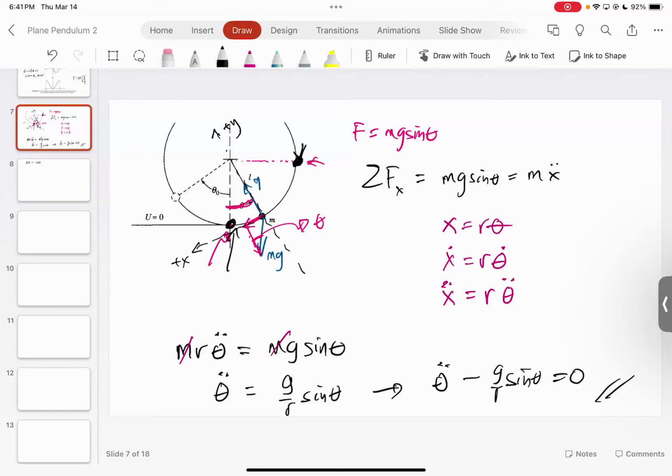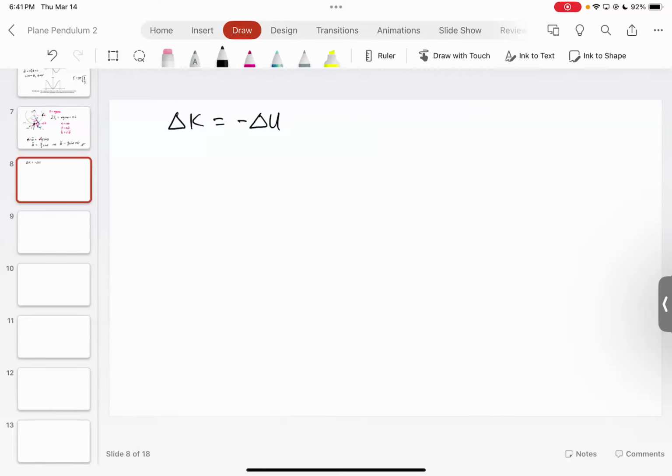And here, the kinetic energy is described as 1/2 mx squared, which is just mr theta dot squared. Right? So this is delta K. Now what about the potential? Of course, this is minus 0, since we started from it.